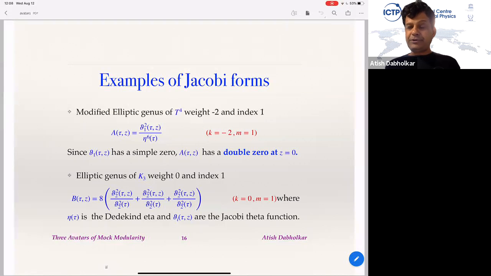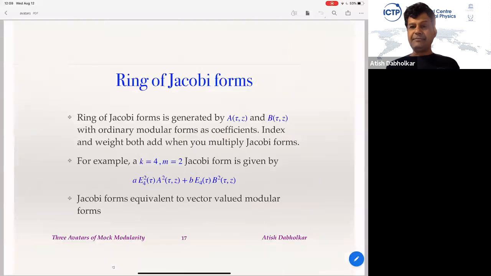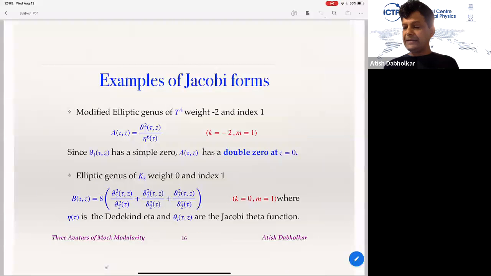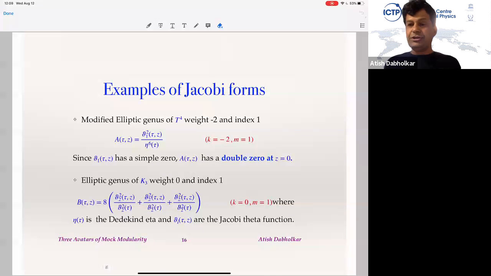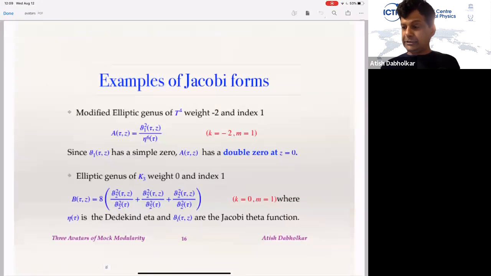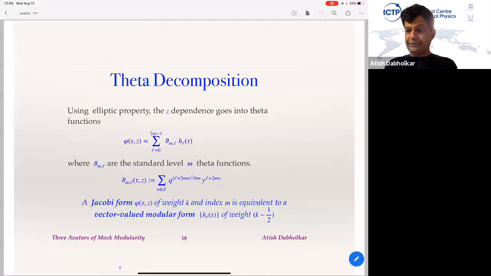But basically, you can compute it even without lifting your finger, because if you know that it's a Jacobi form of weight 0 and index 1, then by this theorem, it can only be B. For B there are many expressions, but the theorem tells you that the elliptic genus of K3 has to be B up to some numerical coefficient, which you can fix by knowing that if you evaluate it at z equals 0, it should become the Euler character of K3, which is 24. So that fixes the numerical coefficient 8 in front of it. So it's a very powerful symmetry.